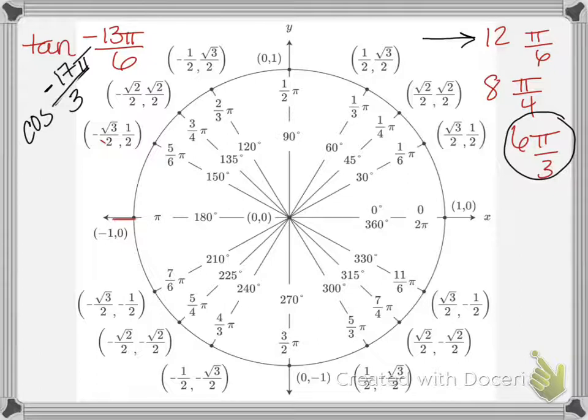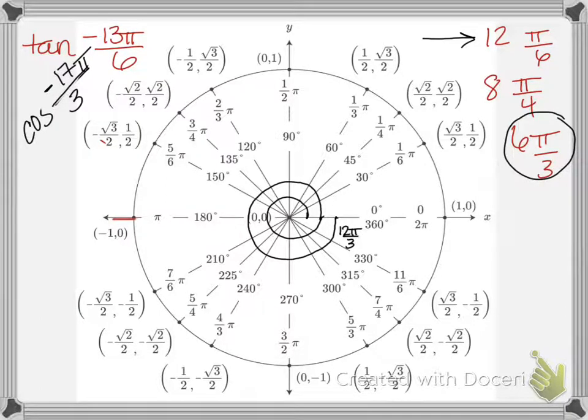So I'm going to rotate, and I'm going to get to 6 pi over 3. But I need to go all the way to 17. That means I still have to go another 11. So I'm going to go another 6 at least, because that's 6. And if I go another 6, I'm going to reach 12. So right here, I'm sitting at 12 pi over 3.